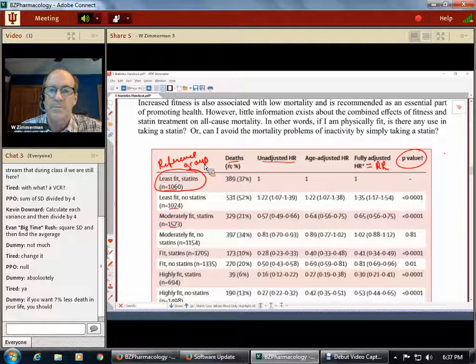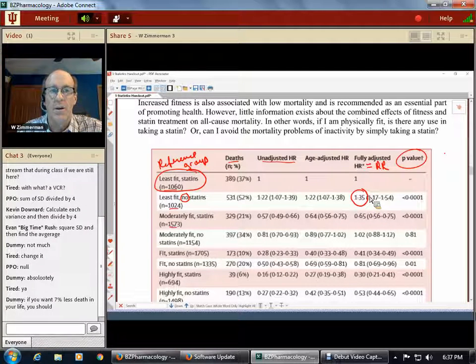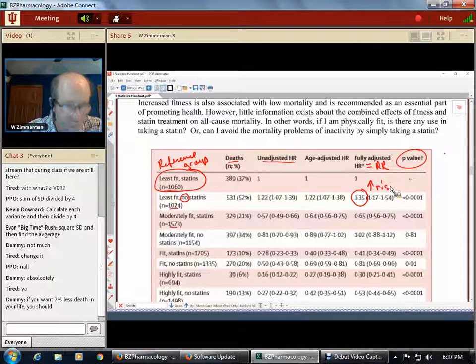All right, least fit, statins. Well, least fit, no statins. Oh, what happens here? Relative risk of 1.35, meaning you're more at risk of a cardiovascular event if you don't take the statin and you're least fit, compared to somebody who's least fit taking a statin. So clearly there's a benefit here. These people see an increase in their risk.